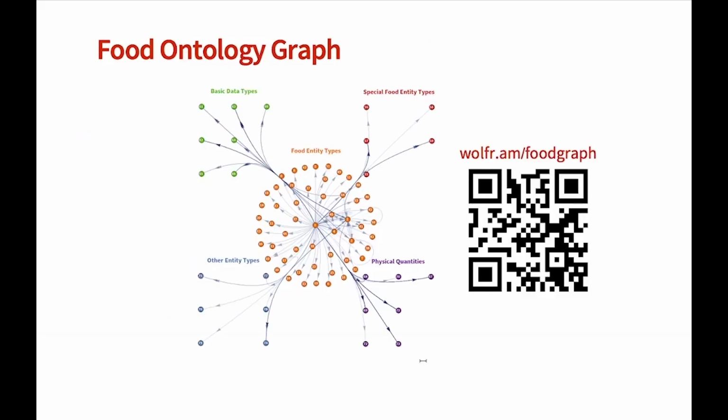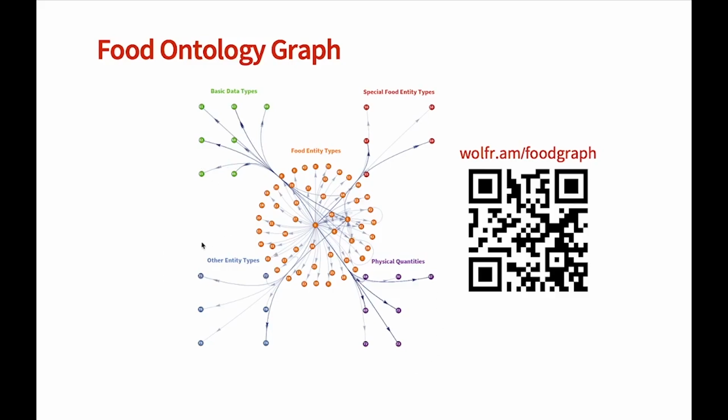And then I also like to show this graph, because it gives an idea of the complexity of this ontology and the way that we represent data about these foods. This yellow or orange central area represents all of those different attributes and all of those different food entity types. And then we have special ones that are peripheral, like nutrients and those types of entities. And then the basic data types, like numbers, qualitative data, that kind of thing.